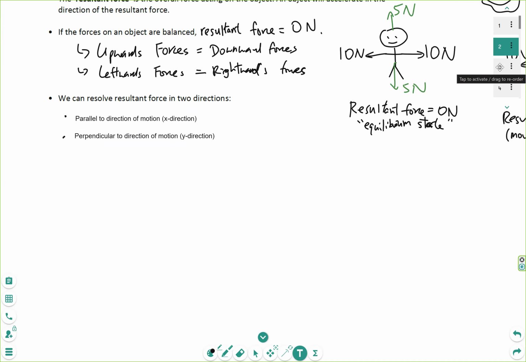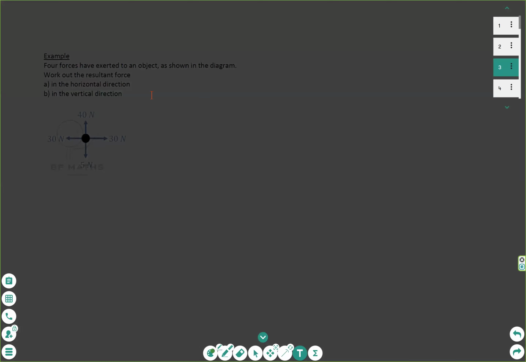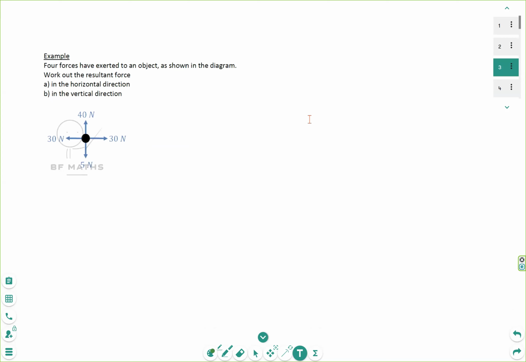Example: 4 forces are exerted on an object. You can see 5 Newton, 30, 40, and 30 here, as shown in the diagram. Work out the resultant force in the horizontal direction. So this talks about the x direction. We use RF for resultant force. The resultant force on x equals 30 minus 30, because resultant force means the verdict.